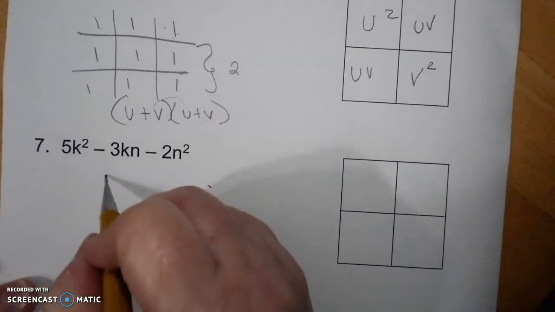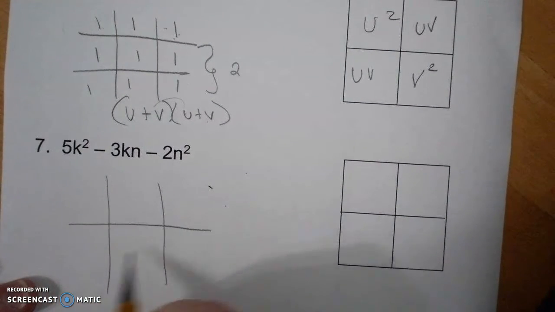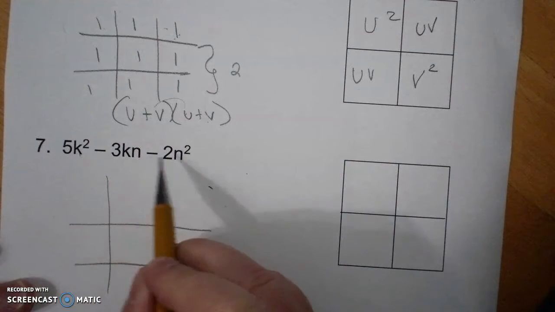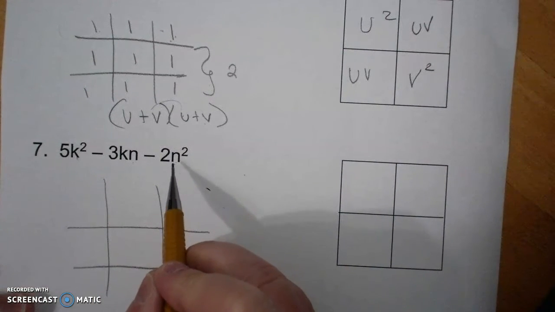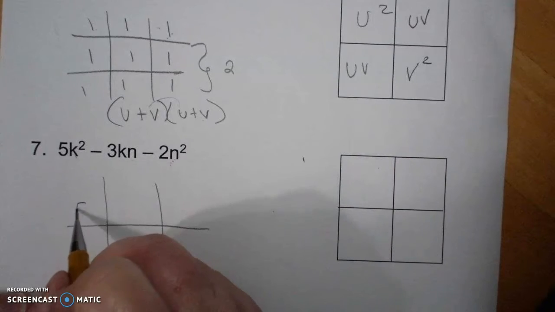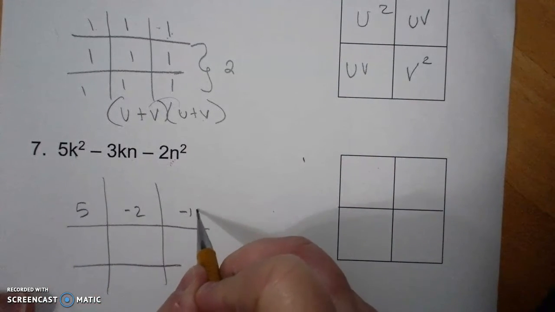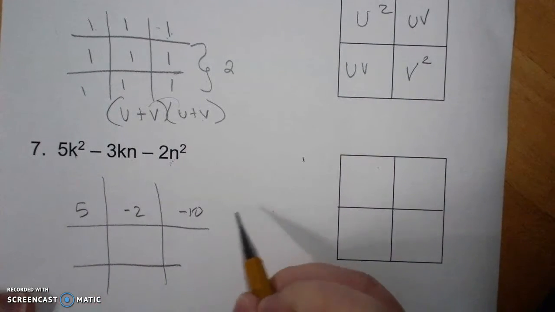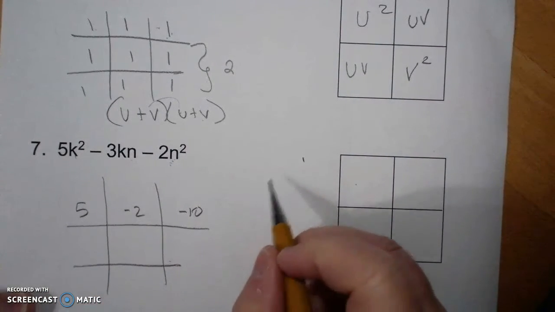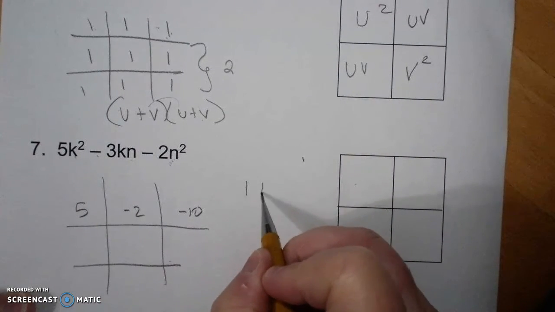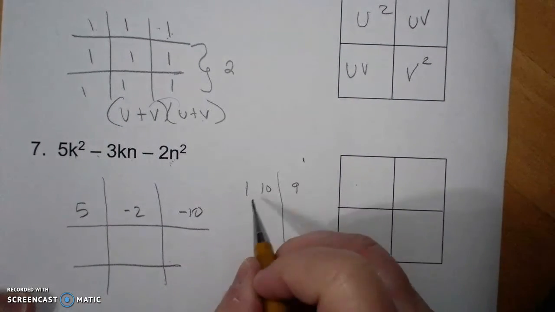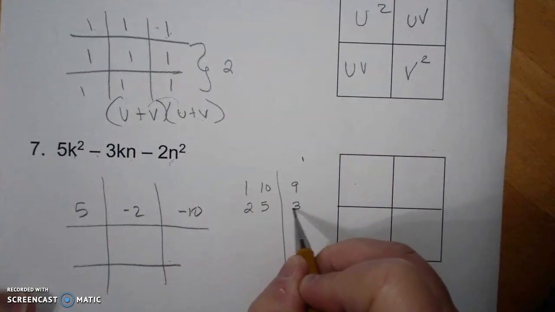Here, again, I'm going to do it as k squared k and then a term, and then realizing that I have an n. 5, -2, -10. I'm subtracting. Larger one is negative, or larger looking one, so I have 1 and 10 gives me 9. 2 and 5 gives me 3.